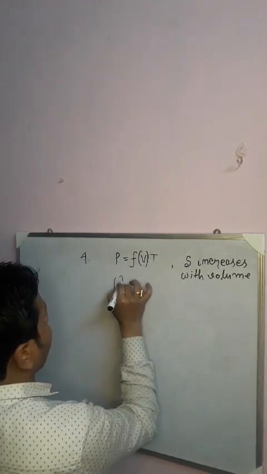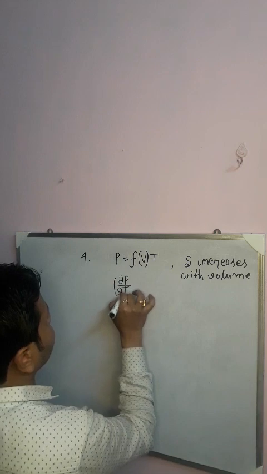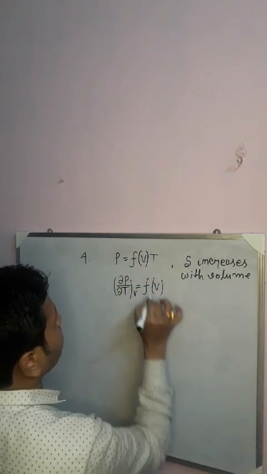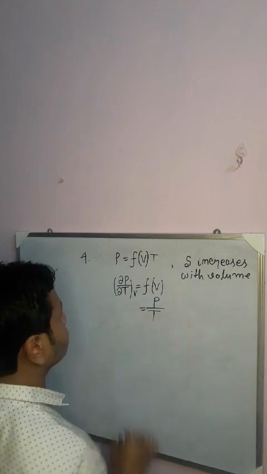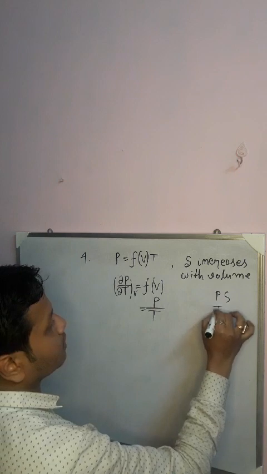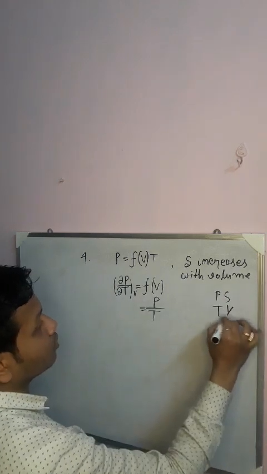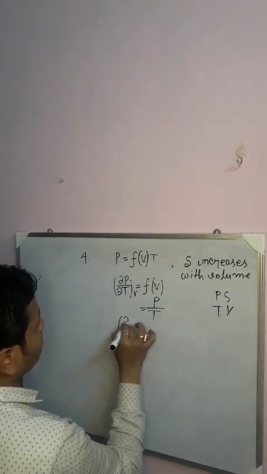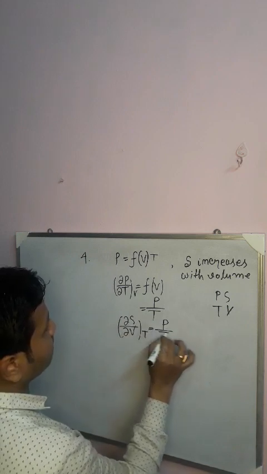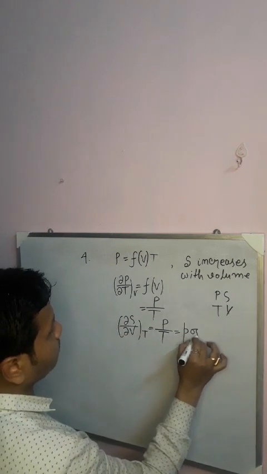Now from which we can write (del P/del T) at constant volume equals f(V), and again f(V) means P by T. Now from Maxwell's equation, what can we write? (del P/del T) at constant volume means (del S/del V) at constant temperature, this equals P upon T, and this is positive.